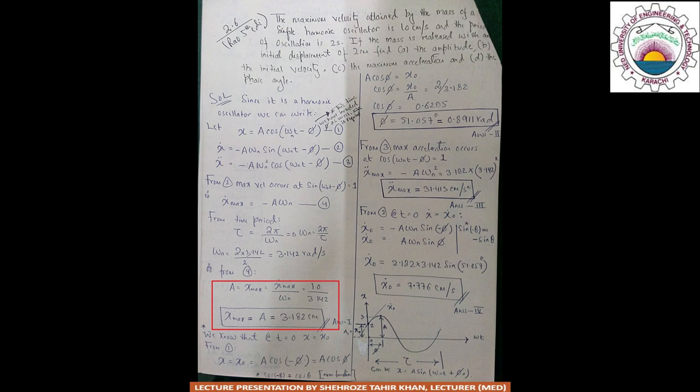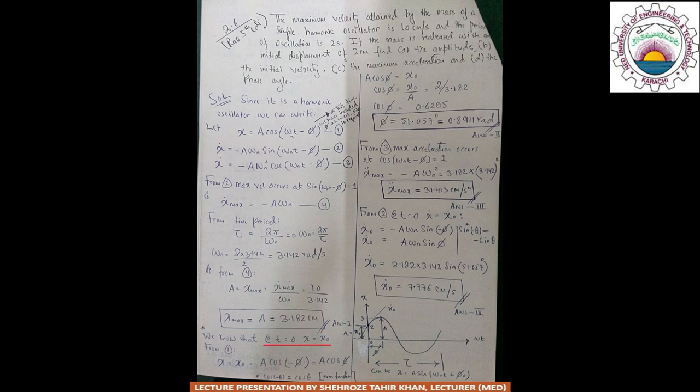Next, we will find out the initial velocity. For that purpose, we have to take the initial conditions. For example, initially at time t equal to 0, the initial position or displacement x is equal to x naught.